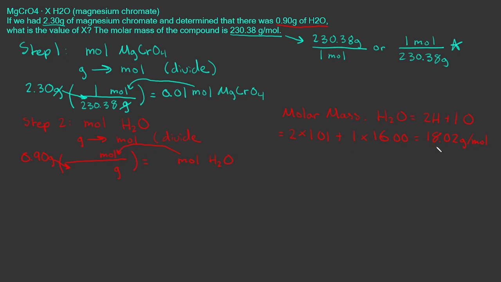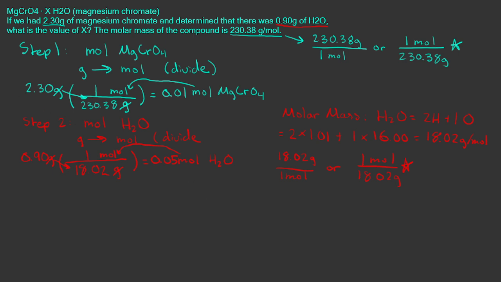Molar mass can be written as 18.02 grams over 1 mole, or 1 mole over 18.02 grams. In this case, we want to use the second one, because we want moles on top. So it'll be 1 mole over 18.02 grams. Our grams cancel each other out, and this is equal to 0.05 moles of H2O.